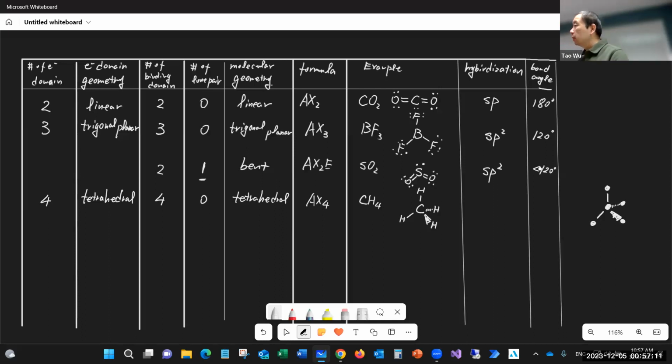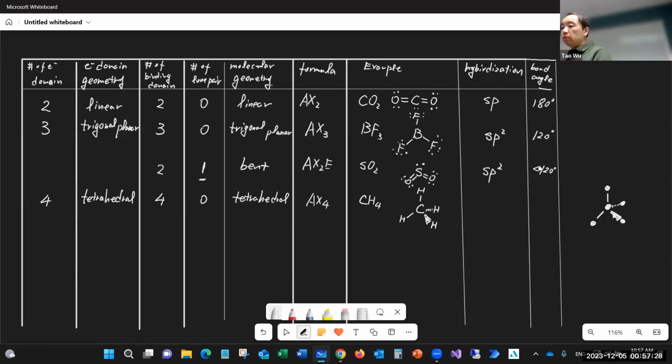So that's a 3D structure for the tetrahedron. We use a wedge and a dash to represent. Wedge means it's pointing out. Dash means pointing inside.